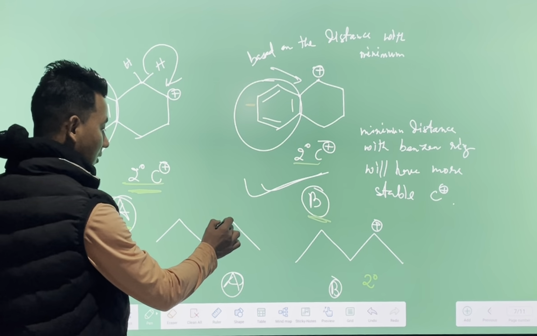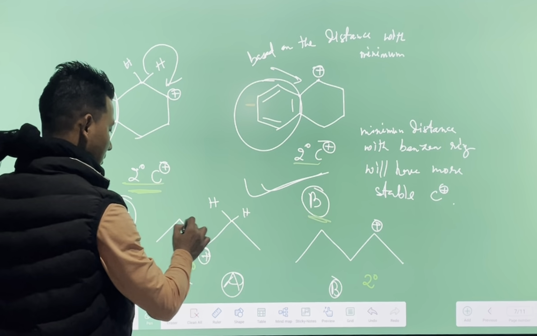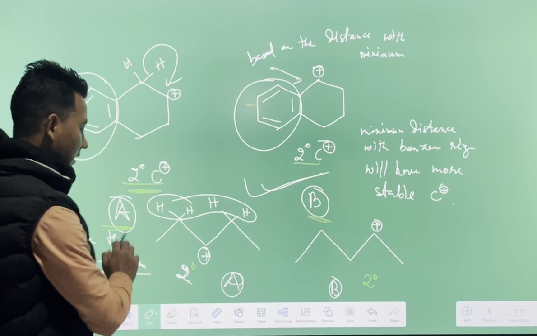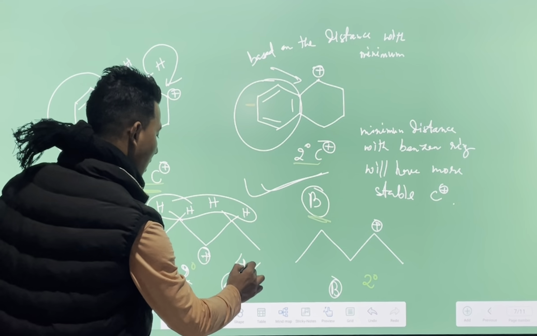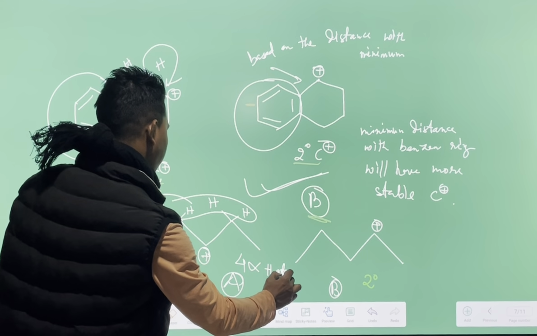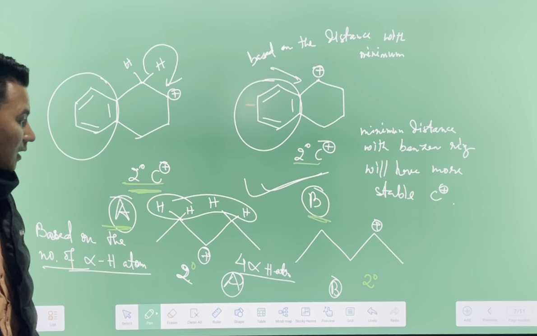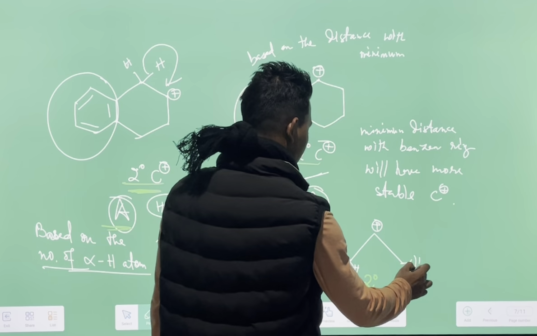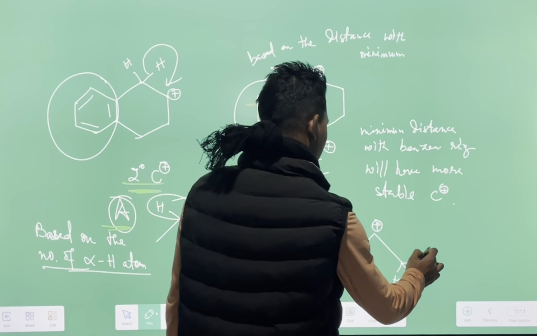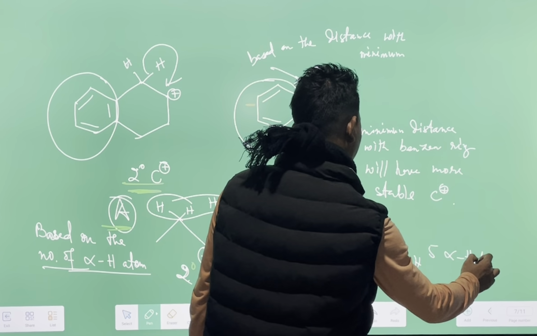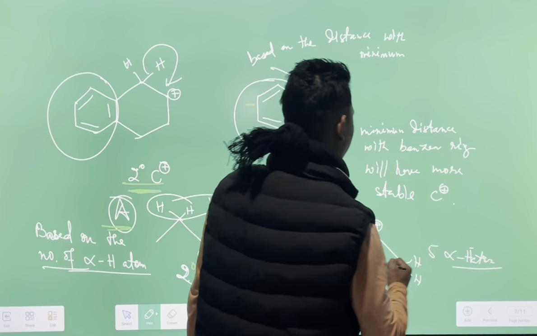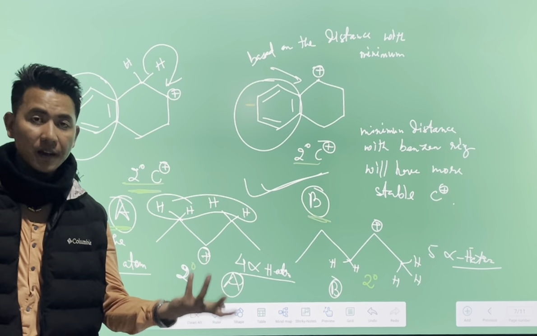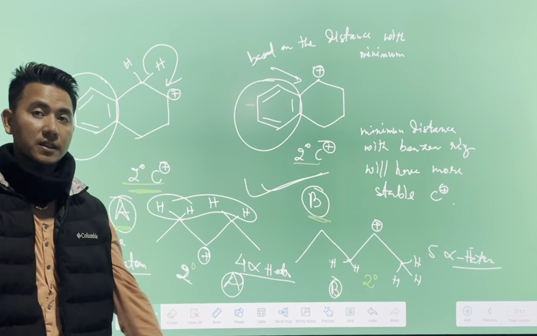This group A has 4 alpha hydrogen atoms, and this one has 5 alpha hydrogen atoms.